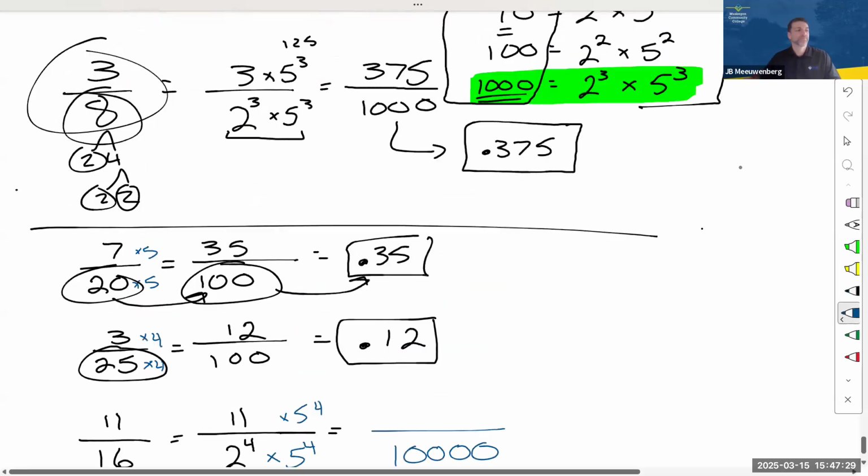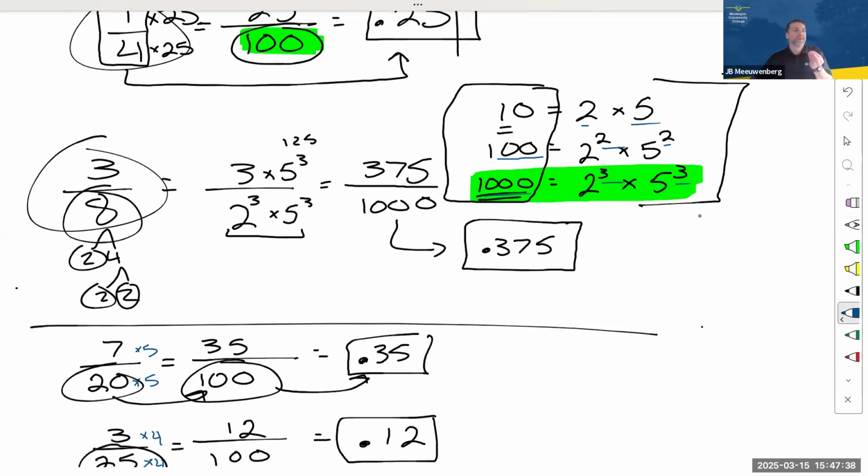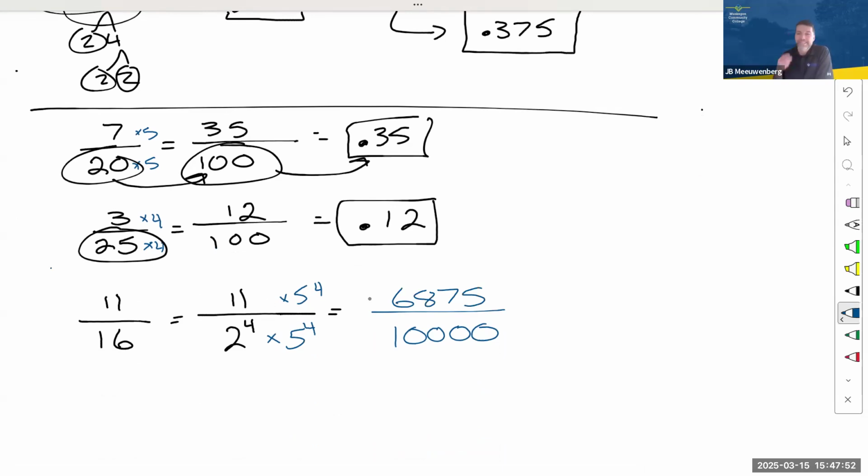Just like when I scroll back up here, 10 had 1 of each, 100 had 2 of each, 1,000 had 3 of each, and so 10,000 will have 4 of each. And then we would have to multiply 11 times 5 to the 4th. It gives us a fairly big number, 6, 8, 7, 5, once we multiply it all out. But then we have 6,875 10,000s, which as a decimal is written as 0.6875.